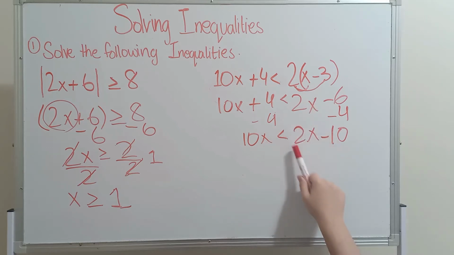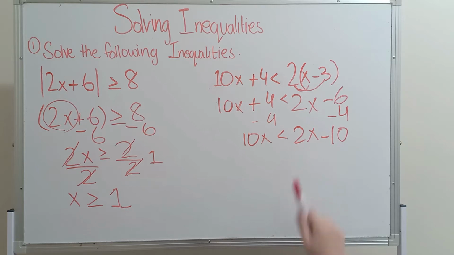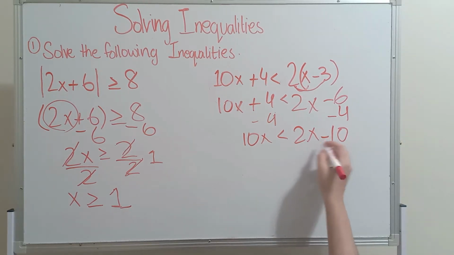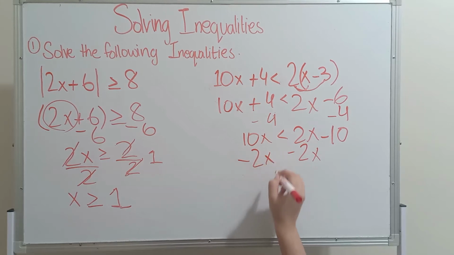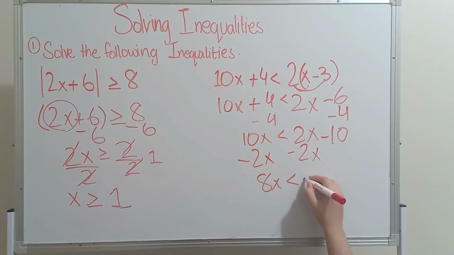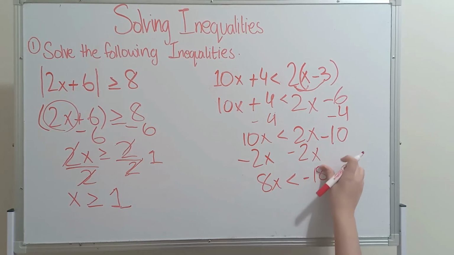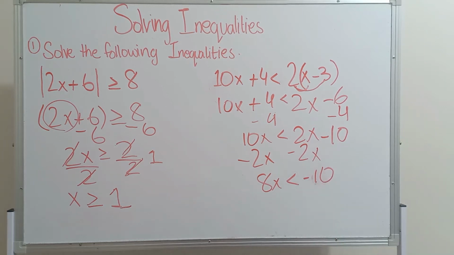However, we need to get the balance here because since we have a variable on this side, we cannot have a variable on this side. So we can subtract 2x, and we will have 8x is less than negative 10. Now we can just divide both sides by 8.